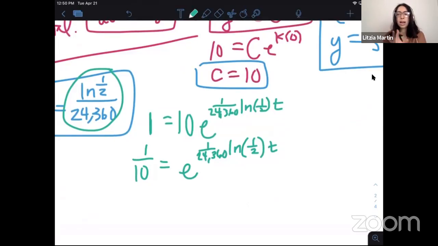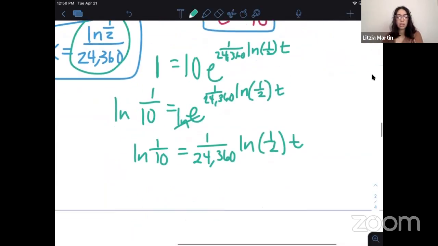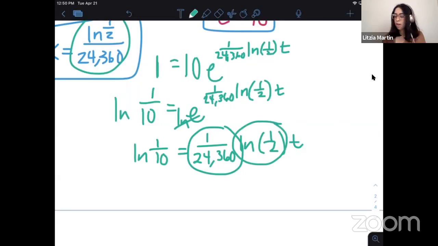Then we'll take ln of both sides to get rid of that e. So that e goes away. We have ln of 1 over 10 equal to 1 over 24,360 times ln of 1/2 times t. And now to get t on its own, I will need to multiply by this 24,360 and divide by ln of 1/2.